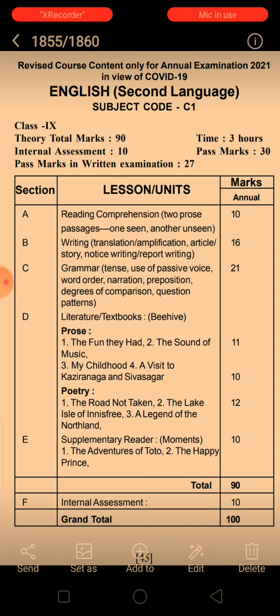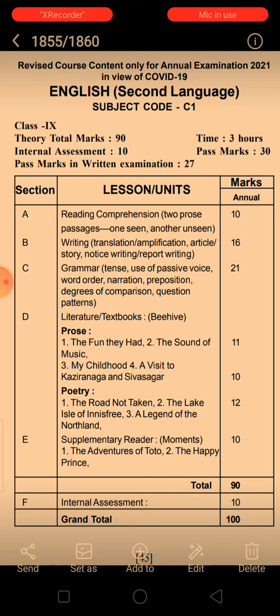That means you will get 2 paragraphs, one which is seen, that means it would be taken from your textbook, and another which would be unseen, which is from any other source. There will be questions on those paragraphs, and you would need to answer those questions. Probably there will be 5 to 6 questions.